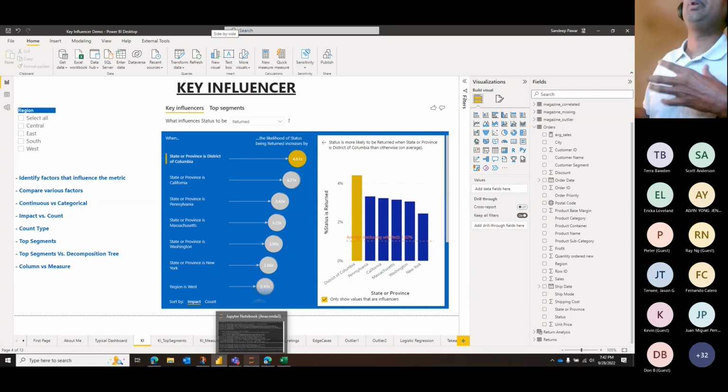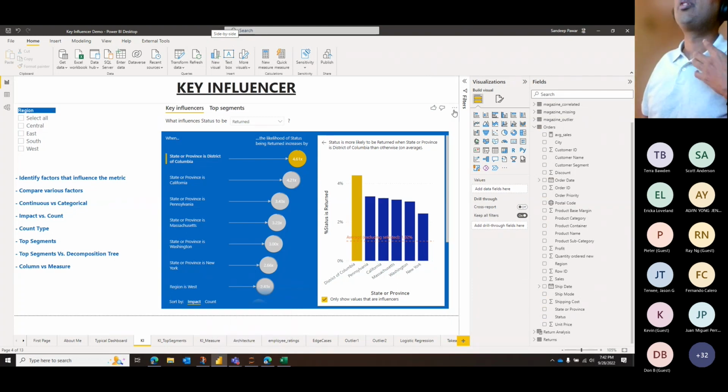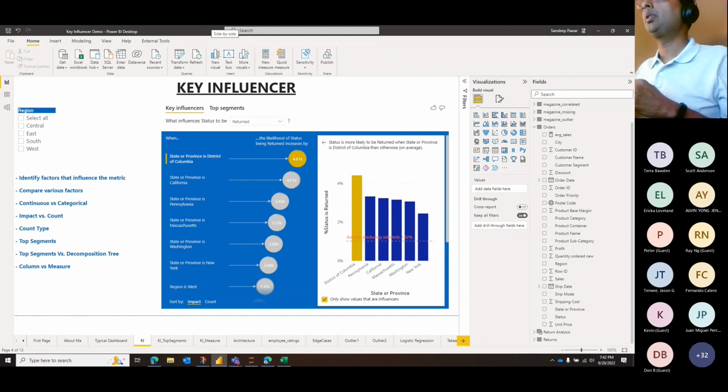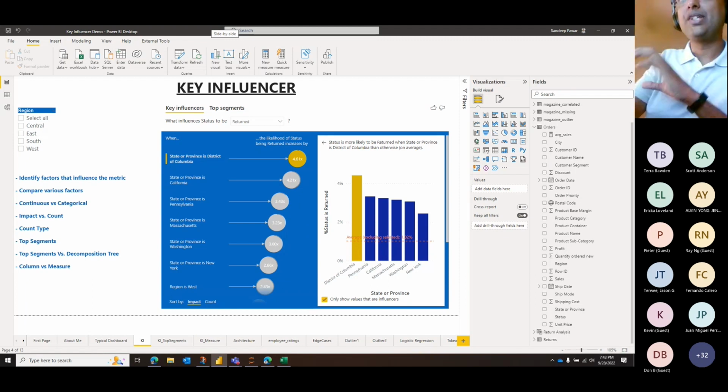If you were to do a traditional BI analysis and BI reporting, we would maybe do a sorting in descending order, so that wherever is the highest percentage, it will go up at the top and we'll start looking at that. And this is where this visual adds value, because we are not only looking at the count and the percentage and the proportions, but we are also looking at the impact it's making based on the statistical analysis that the visual did on the data.